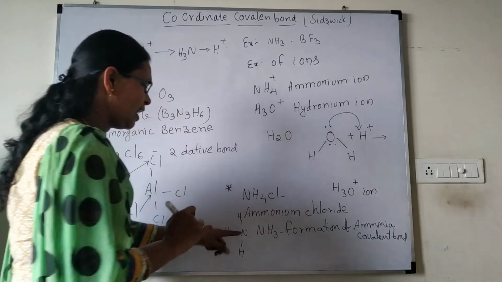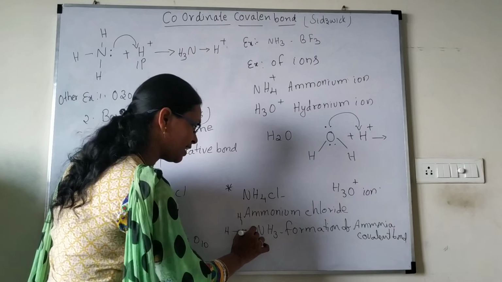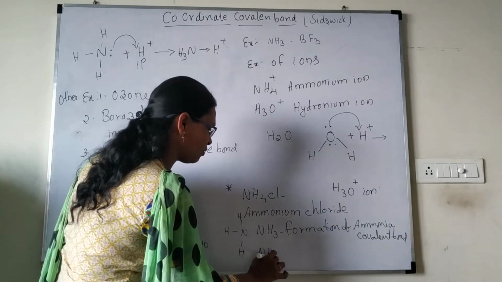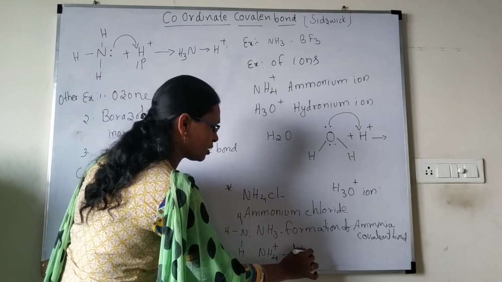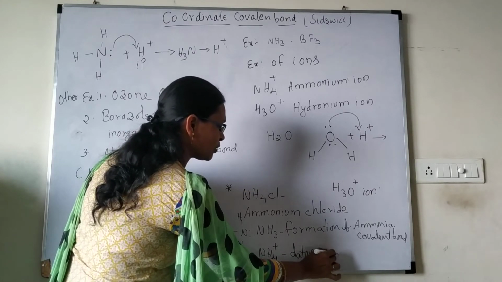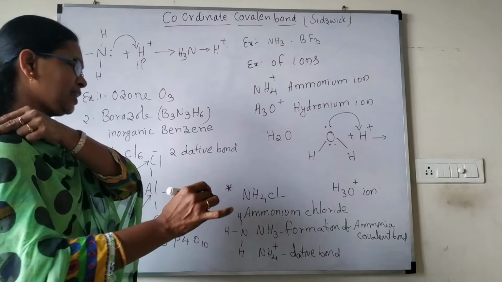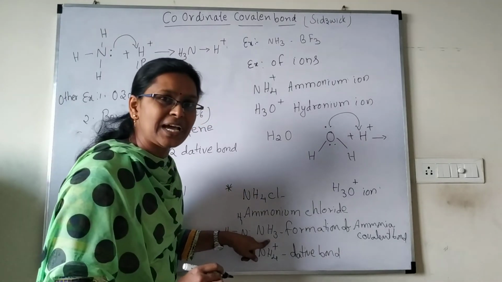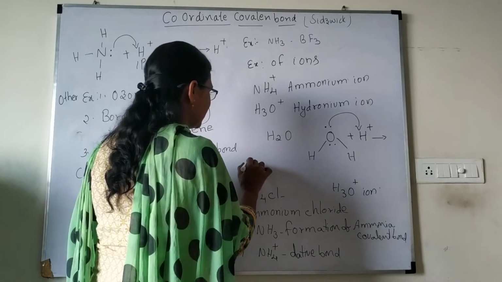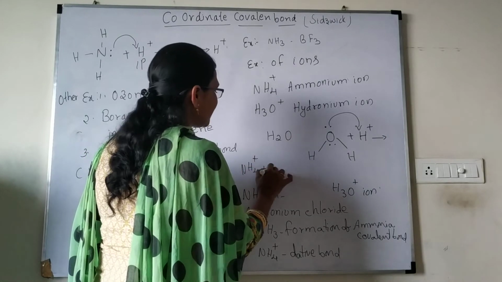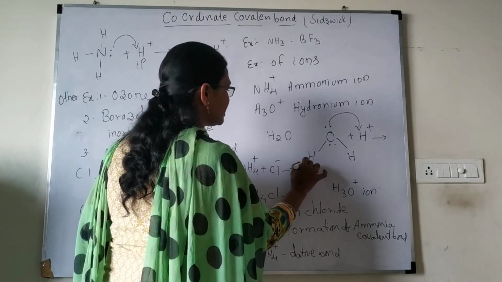And then formation of NH4 plus, the ammonium ion, is a dative bond, because of this lone pair, and this has a plus charge. So again, formation of charges, NH4 plus and Cl minus, forming NH4Cl.